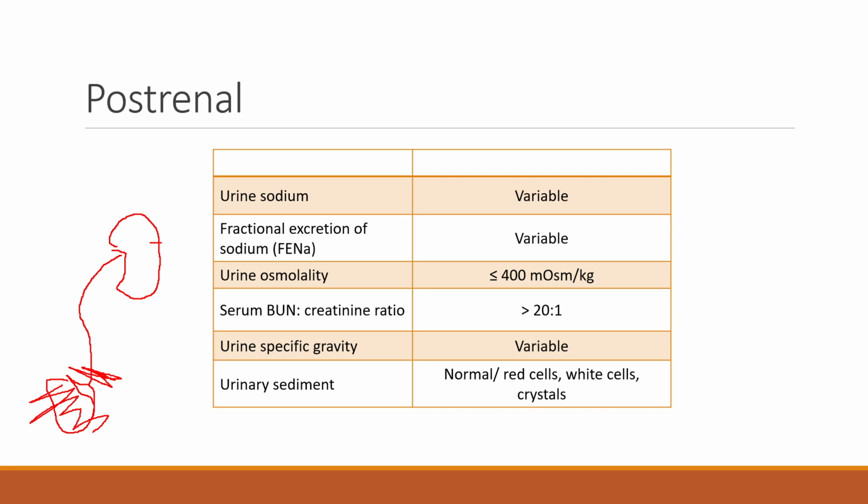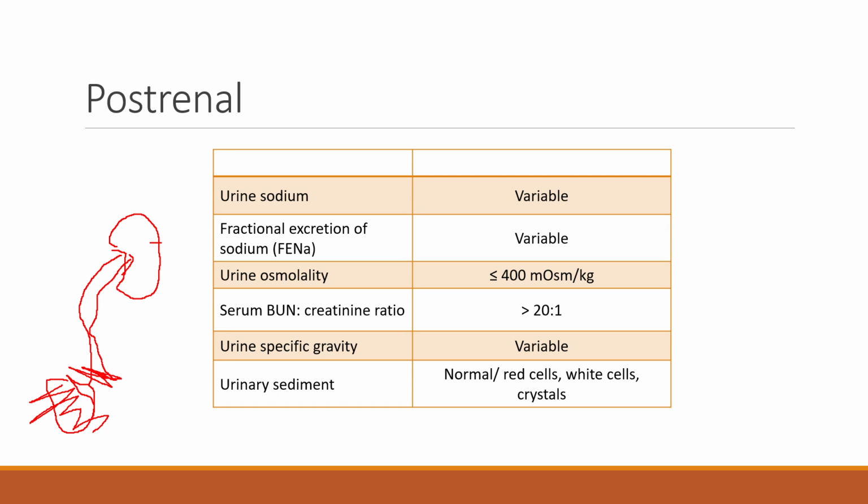So you may find a low urine sodium in the early stage, but in the late stage, the persistent obstruction is going to cause a high retrograde pressure. Retrograde means from here back to the kidney, the reverse direction. A high retrograde hydrostatic pressure back to the kidney causes damage.